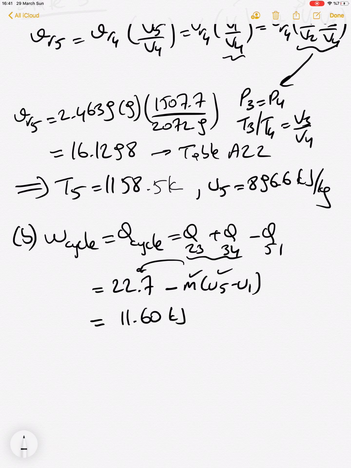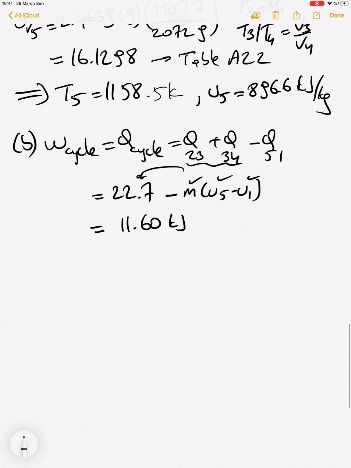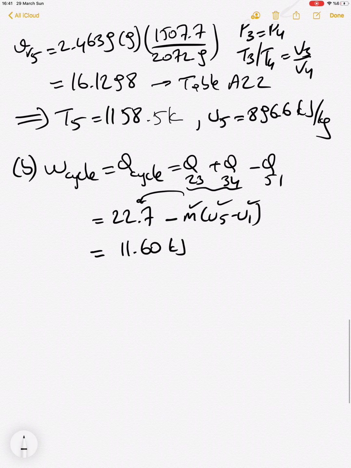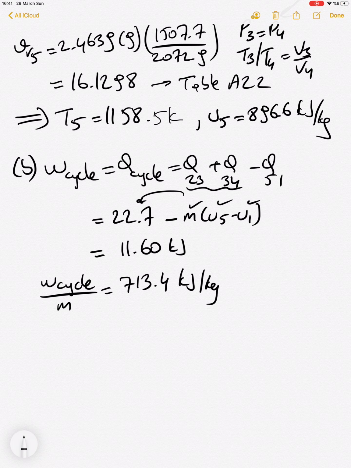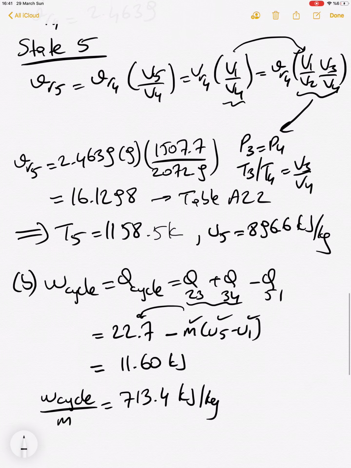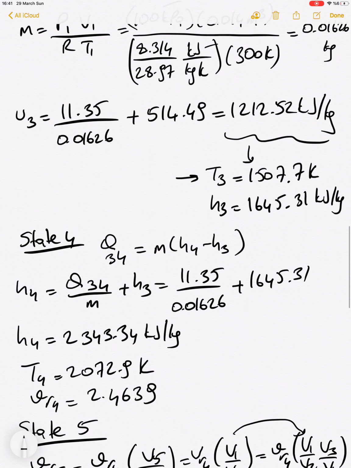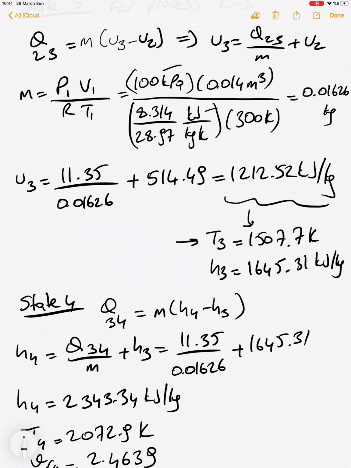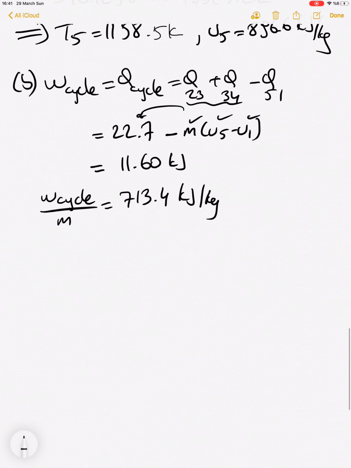Mass is known, U5 and U1 are already determined above. Then W cycle per unit mass is going to be equal to 701.4 kilojoule per kilogram when we divide it into per unit mass, where mass is, we had it in terms of gram, so 0.01626. The result is that.